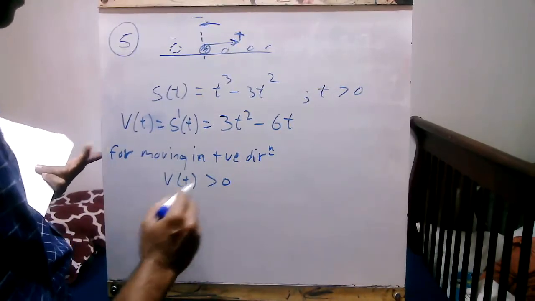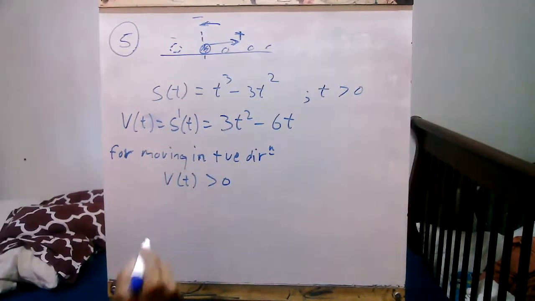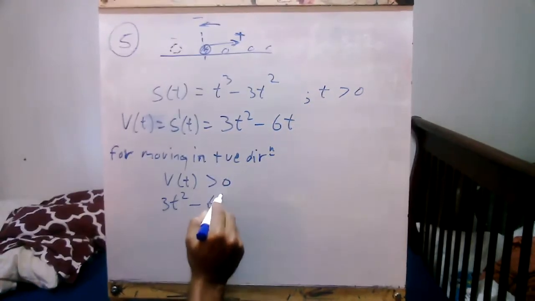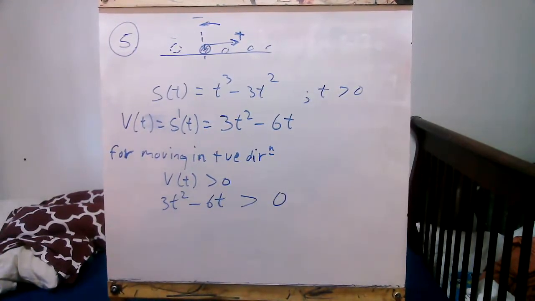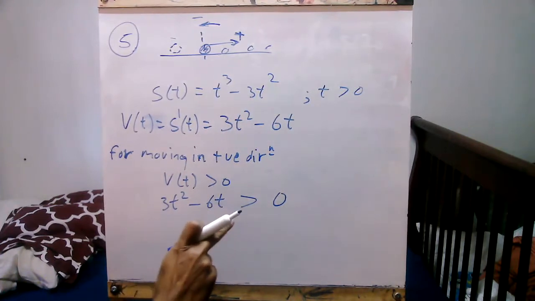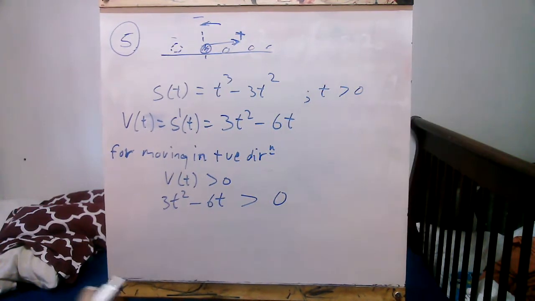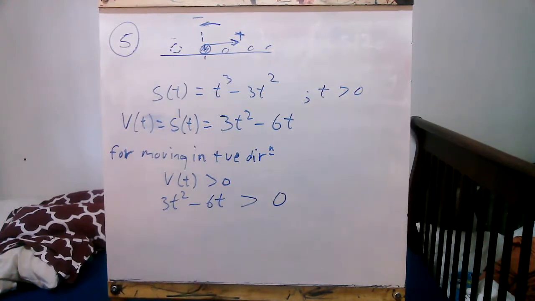That means this function, 3t squared minus 6t, should be greater than 0. Should it have equal sign too? No. It is moving in the positive direction. That means no equal sign, only greater than 0.